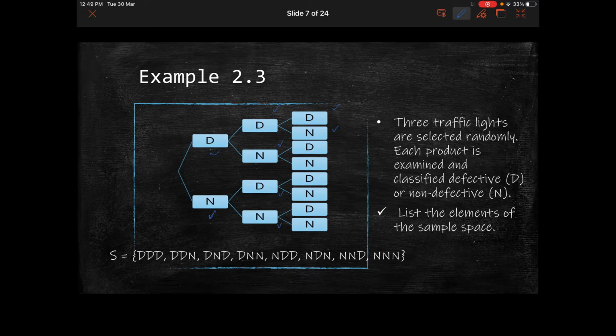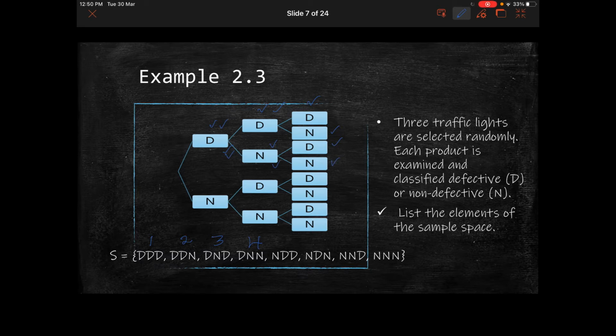So the sample space is going to be: the first outcome would be D, D, D. The second outcome would be D, D, N. And then the third one would be D, N, D. And the fourth one would be D, N, N. And so on.